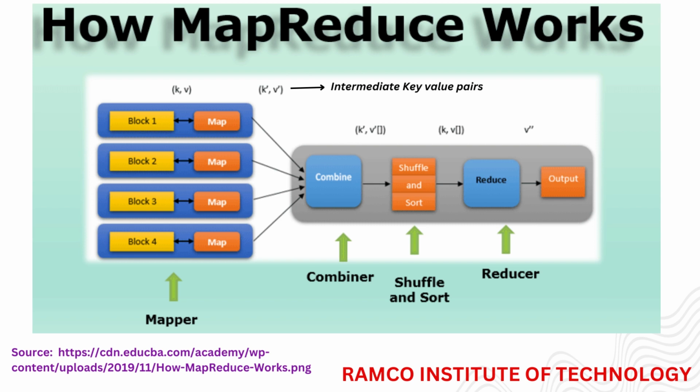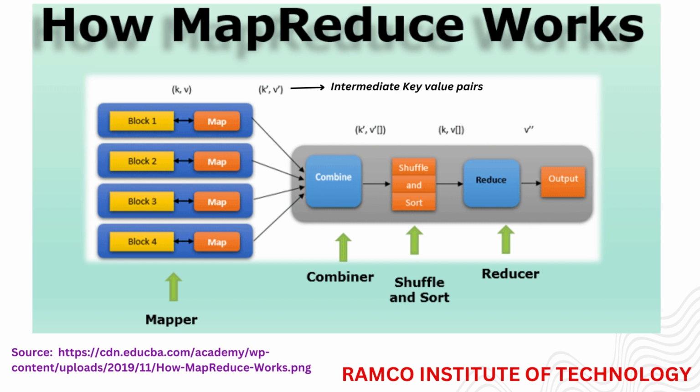The record reader communicates with the input split and converts the data into key value pairs. This key value pair can be read by the mapper, and the mapper phase processes the input and generates the intermediate key value pairs, that is k' and v'.